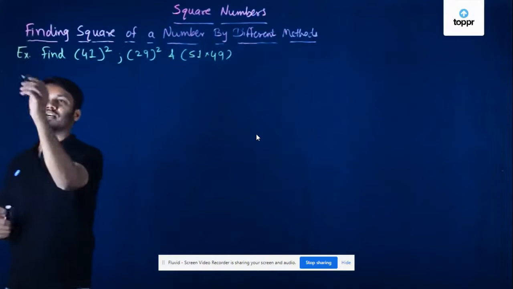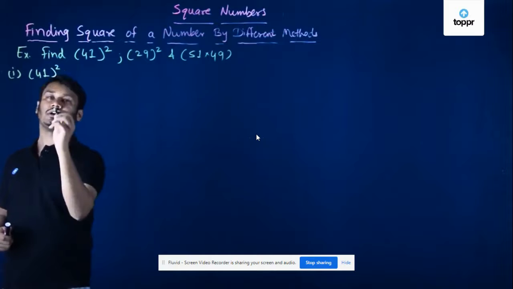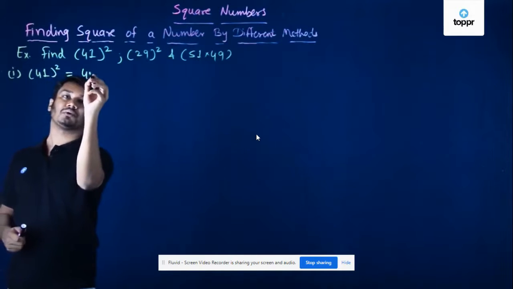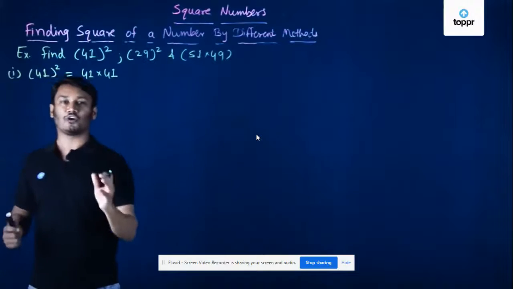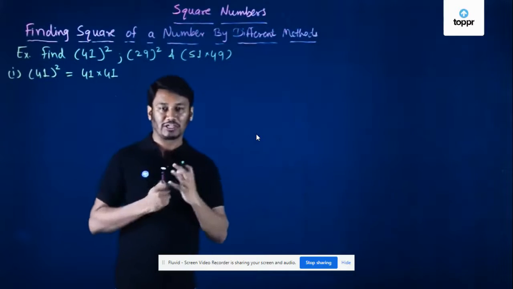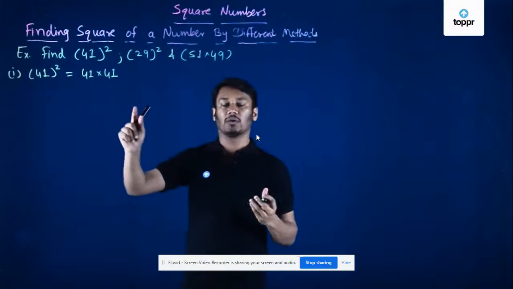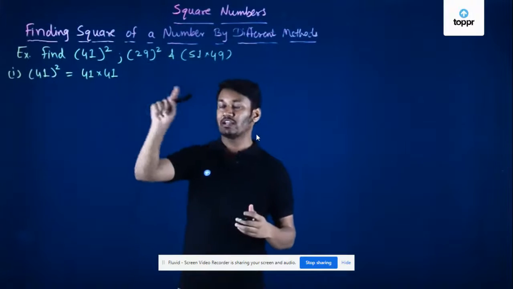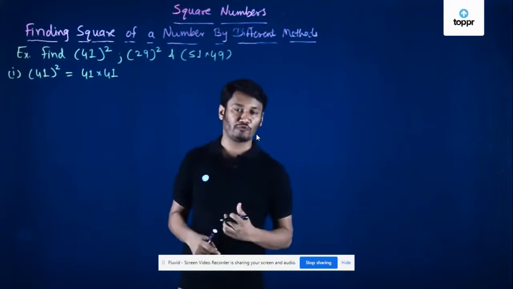Now let us start with the first question where we want to find out the square of 41. Square of 41 is nothing but 41 into 41, and I can perform usual multiplication between these two numbers, which are equal to each other, and if I can find out this particular product, it will give me nothing but the square of 41.